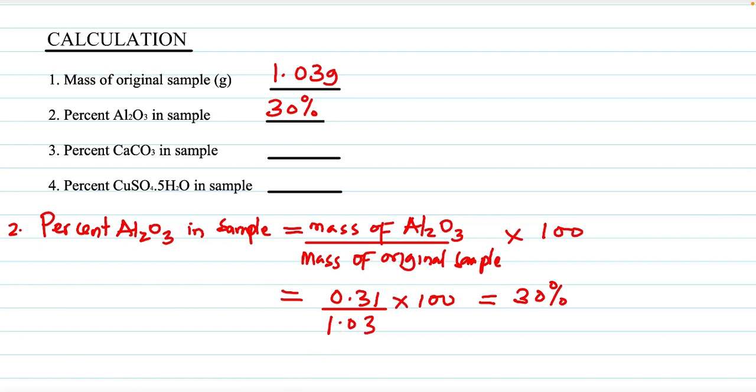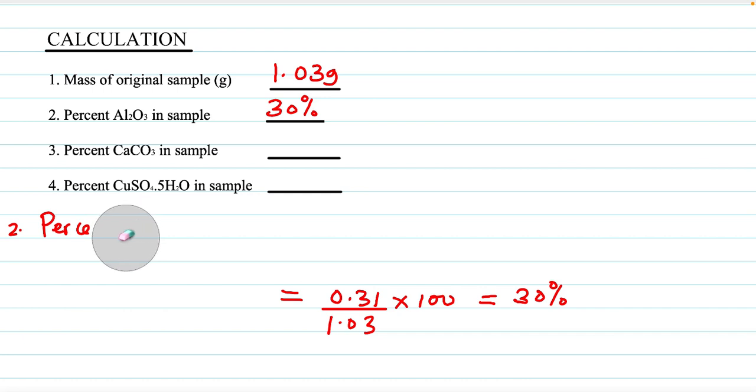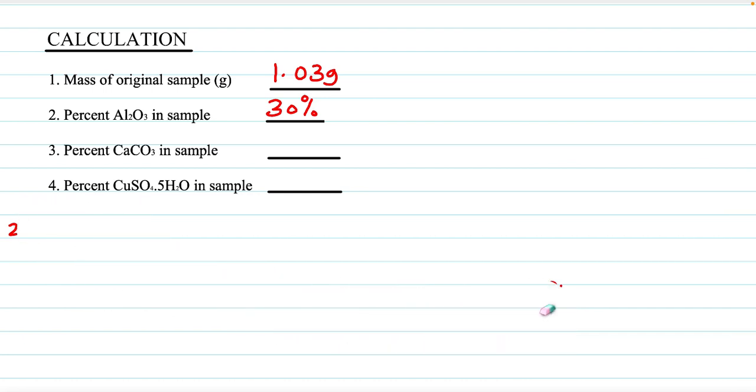So I'll quickly clean up this. You can actually pause the video and then check it out. So I'll come back here. I'll say, now let's look at that of say number 3.